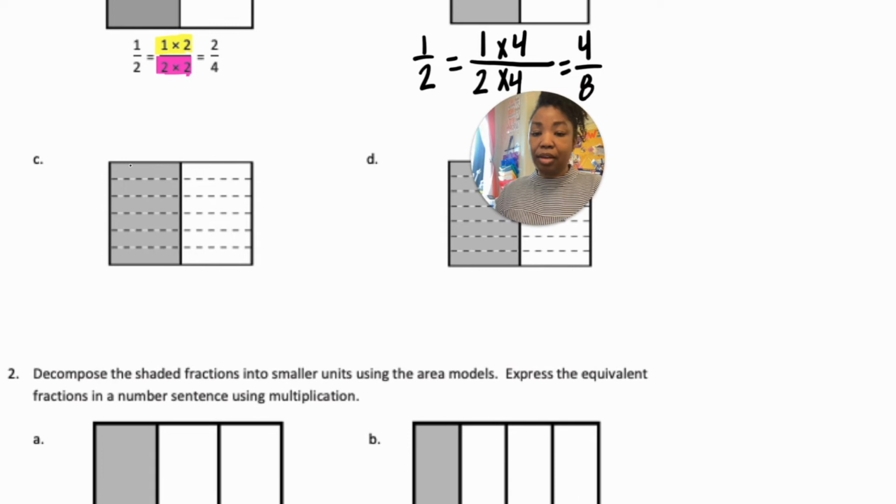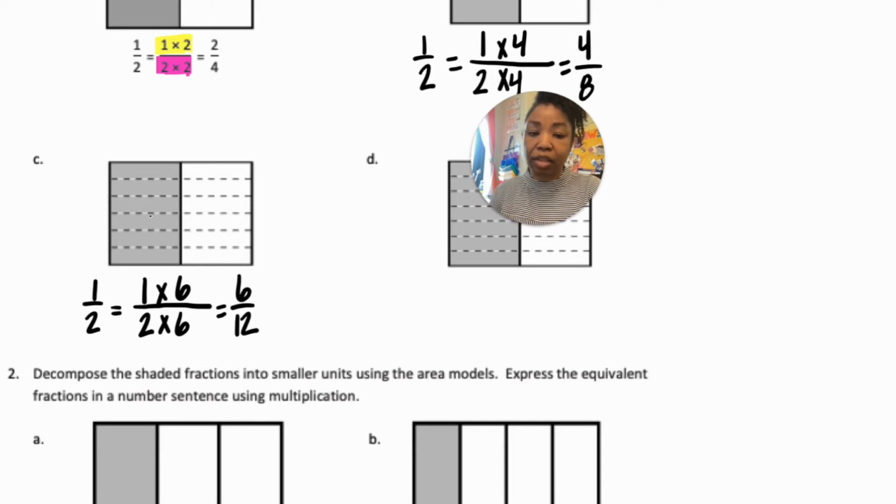For C, we have 1/2. Here, we decomposed into 1, 2, 3, 4, 5, 6 rows. So I'm multiplying the numerator times 6, the denominator times 6. 1 times 6 is 6, 2 times 6 is 12.